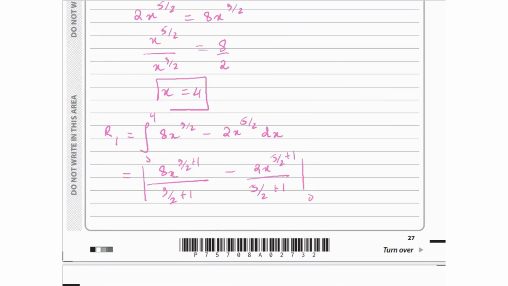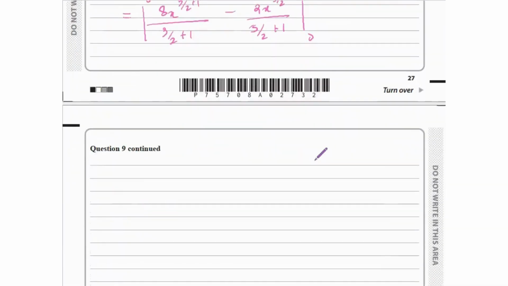This is from 0 to 4. Let's simplify this. So that's going to be 16 over 5 times x to the power of 5 over 2 minus 4 over 7 times x to the power of 3 over 2.